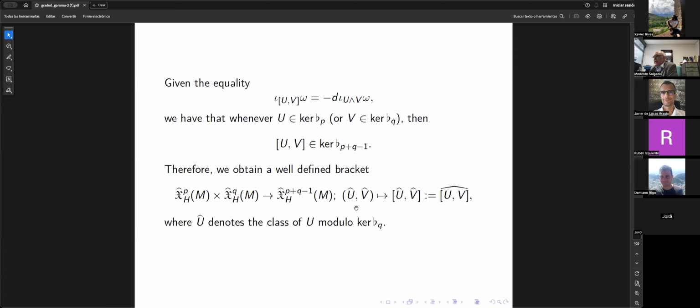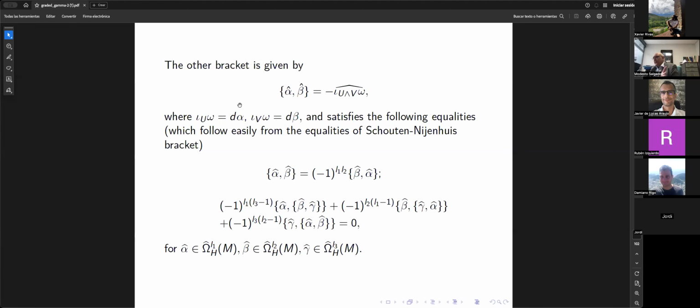We have this well-defined bracket here. These are classes. You have these classes. This class, a representative U. This class, a representative V. We obtain the Schouten-Nijenhuis bracket of U and V and the class. So this is well defined. And we have another bracket on the other side, on classes of forms.